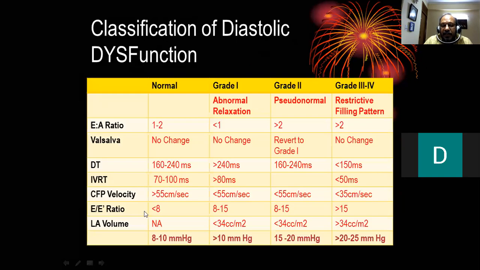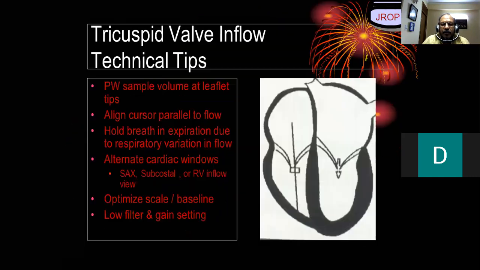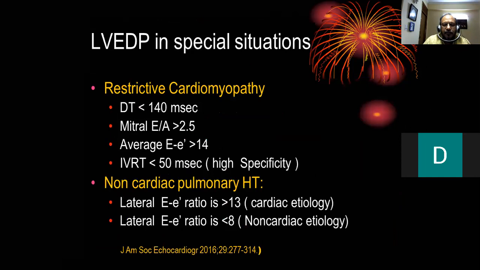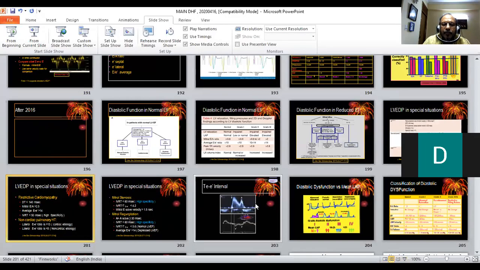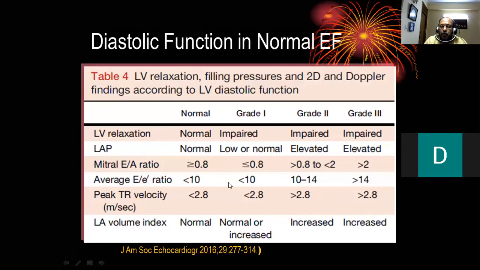But in case you can't decide by these, as shown in one of the pictures, you have to go back to your pulmonic venous flow patterns, you have to go back to deceleration time, and you have to go to the Valsalva maneuver and color flow propagation velocities. So this is how we look at it.